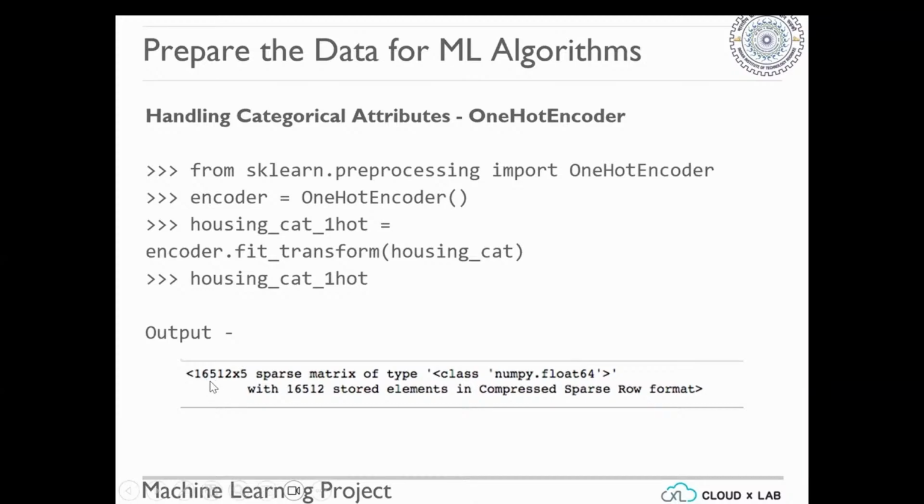In our training data, we have roughly 16,000 examples. Therefore the size is 16,512 cross 5, because there are 5 categories in our categorical attribute. So it returns a sparse matrix of size 16512 cross 5.